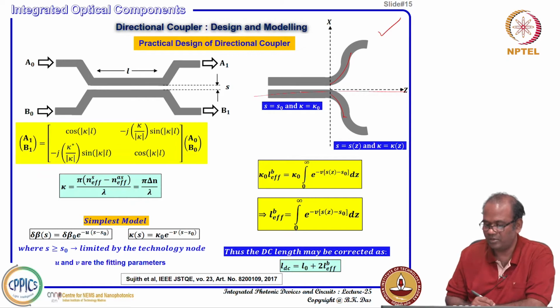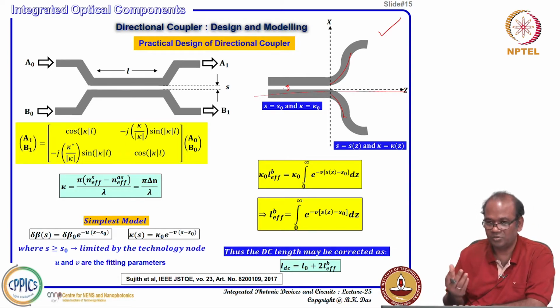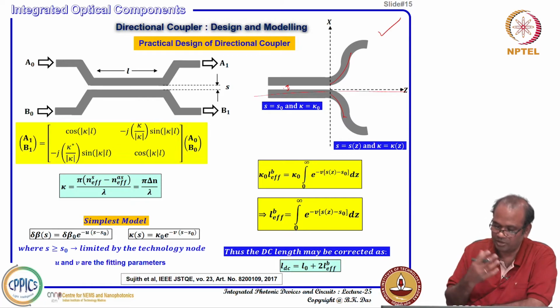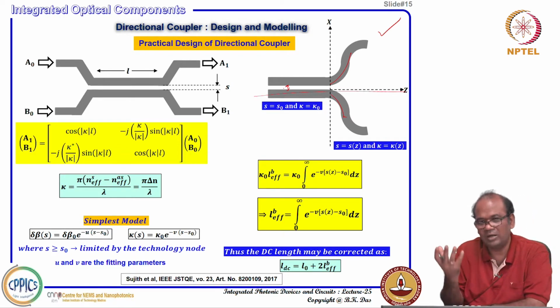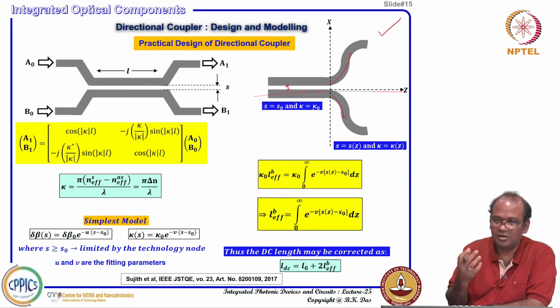And then we know that in this region we maintain this gap depending on our so called critical coupling. Sorry, it is limited by the technology node. The technology node can give you a minimum feature of 150 nanometer separation. If you want 200 nanometer, that is also fine, but here we are just considering that you maintain S0, which you can fabricate in some lab or in the foundry with a good yield.